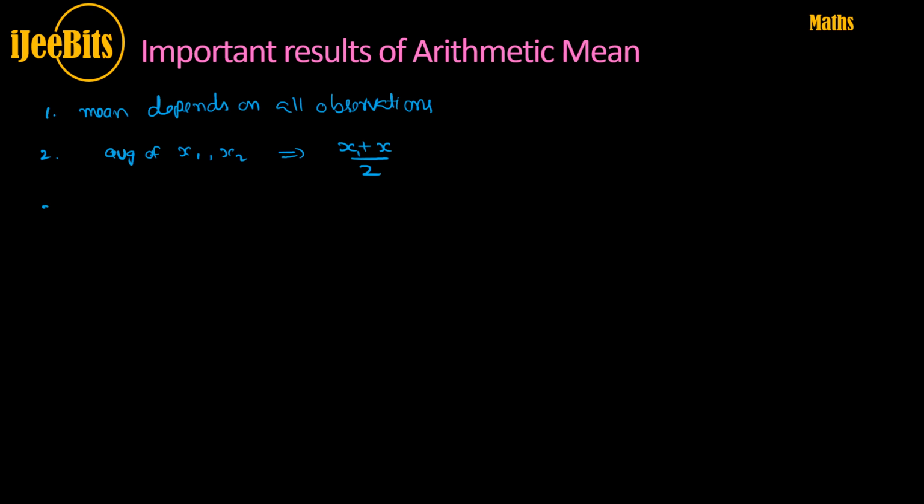That's what we calculated. So if you have a series x1, x2, x3 till xn, your mean would be sigma xi by the number of observations n. For the discrete series, can you recall what you studied?